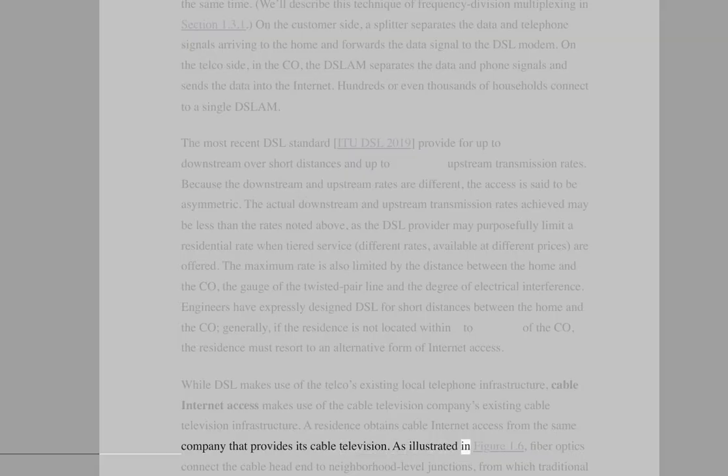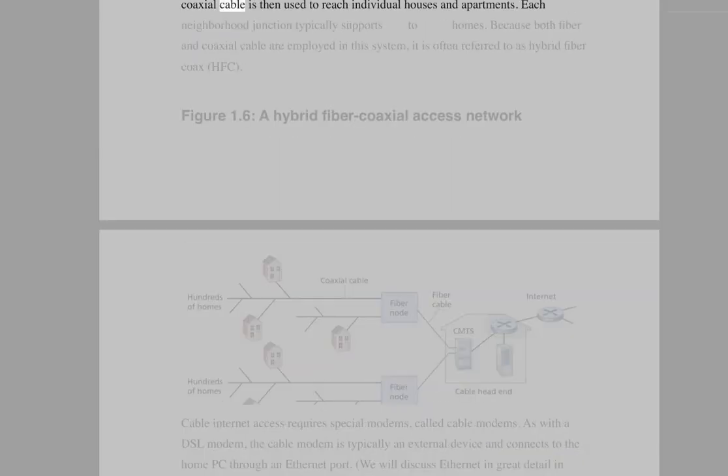As illustrated in Figure 1.6, fiber optics connect the cable head end to neighborhood-level junctions, from which traditional coaxial cable is then used to reach individual houses and apartments. Each neighborhood junction typically supports several homes. Because both fiber and coaxial cable are employed in this system, it is often referred to as hybrid fiber coax, HFC. Figure 1.6, a hybrid fiber coaxial access network.